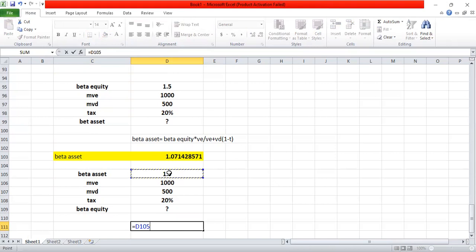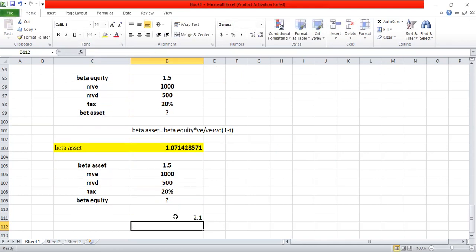You will divide it with the value of equity, that is 1000. And then you will multiply this figure with value of equity and debt. So value of equity was this, value of debt was this, multiply by 0.8. I mean, we are doing the reverse calculations now.